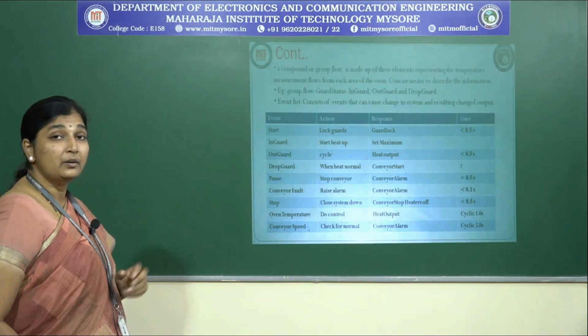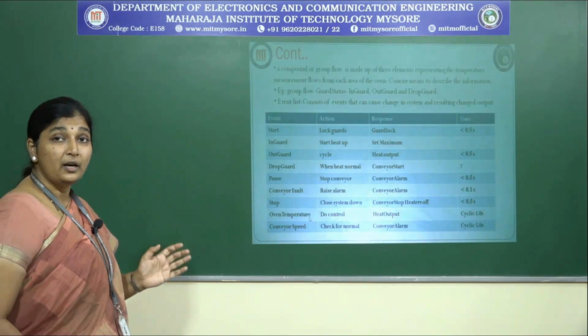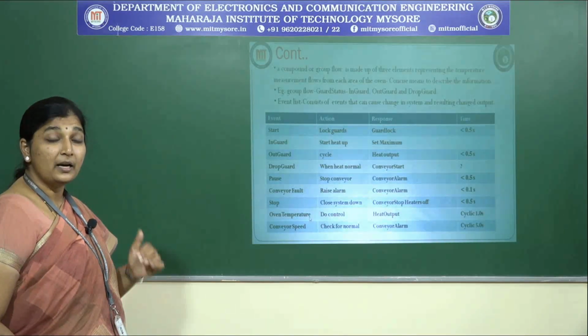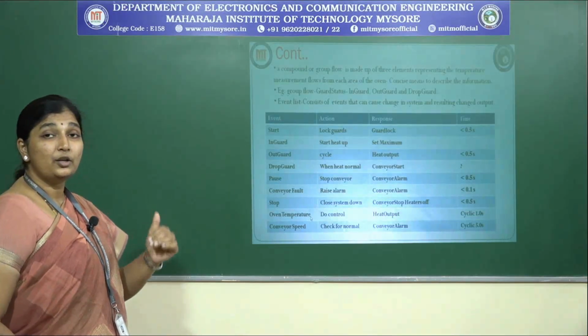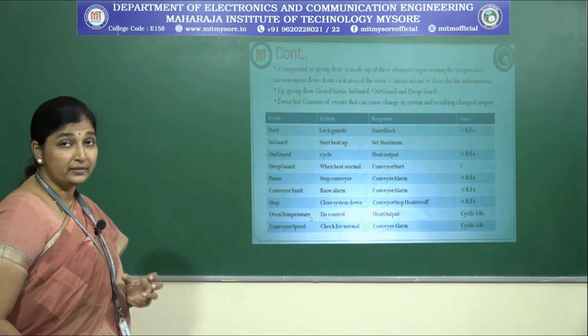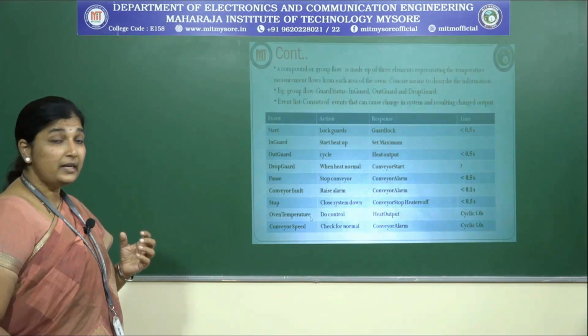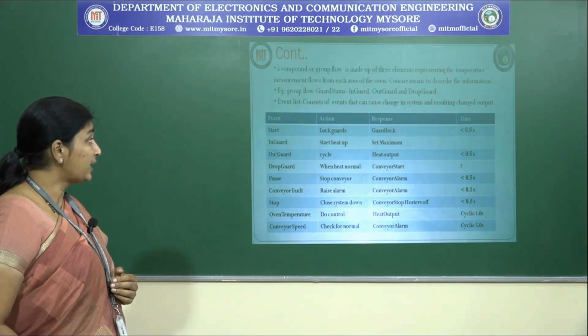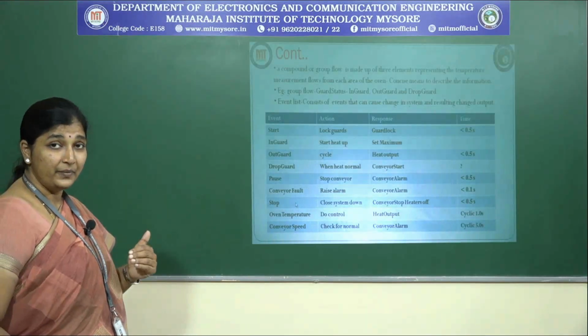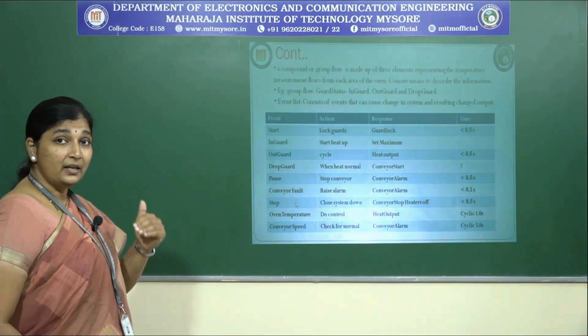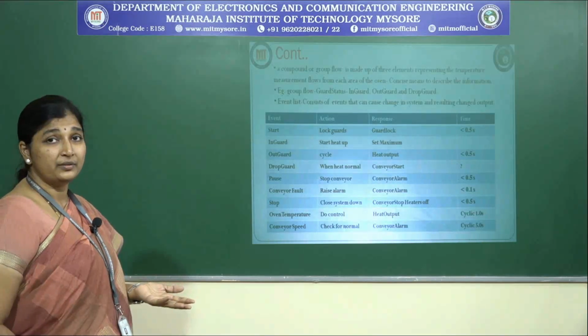Then conveyor speed, what should be the speed? Initially, for the preheating level, what should be the speed? Unless the speed kicks on to one particular level, you will not be sending any components on it, right? So we know about that, right? So these are nothing but, I can call it, the event list that could change a system, and that event in the system could change the output of the system.